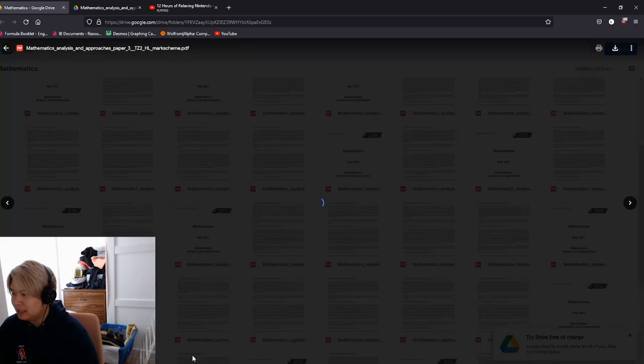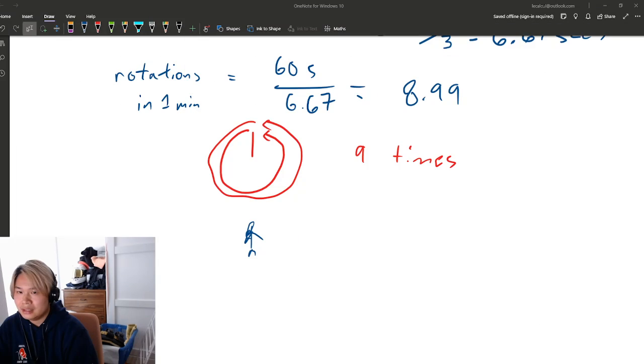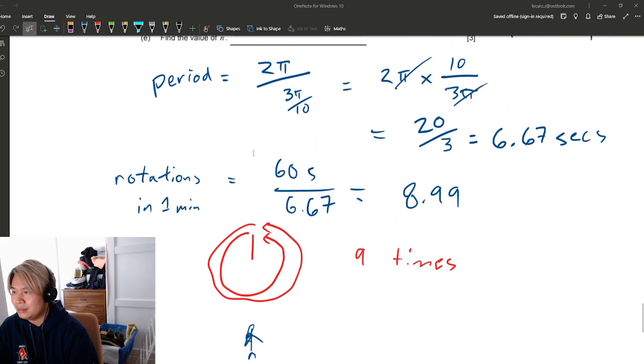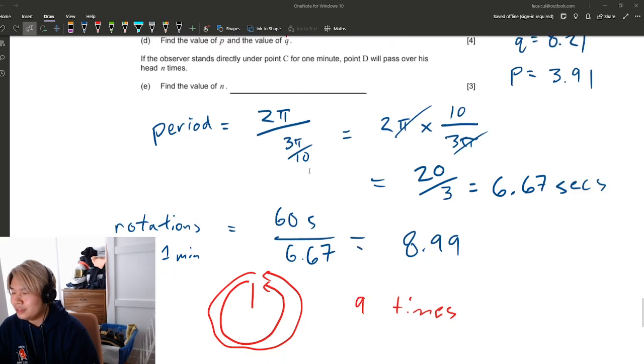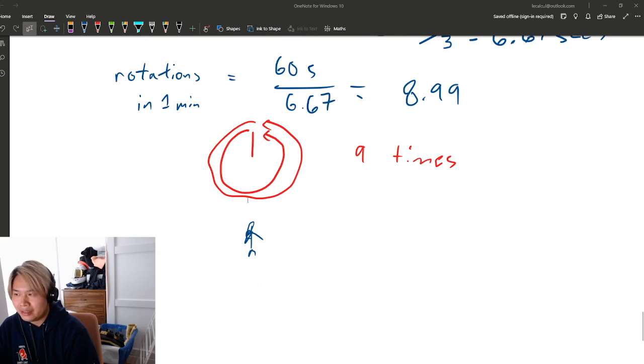Let me reopen that just for future reference. What I mean by that is it's saying how many times does the point D pass over their head. If you're only counting from the bottom, yeah, it's 9 times, but shouldn't you be counting when it passes over their head from the top too? So is the answer key wrong? Shouldn't this be 18 or 17 if you don't count the first one because it starts at the beginning?